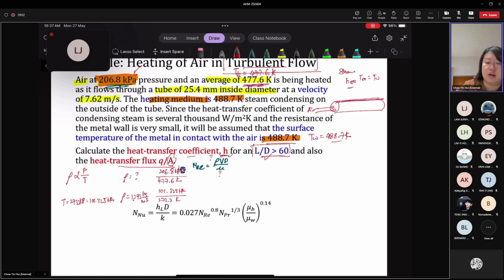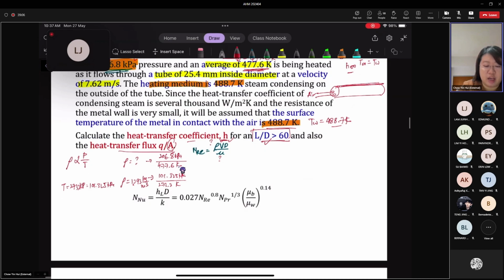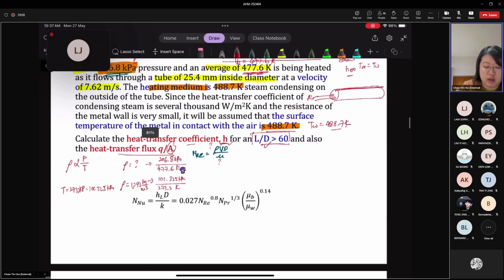When I arrange it like this, you can see the relationship, how we should rearrange it to get the density at 477.6 Kelvin and 206.8 kilopascal.